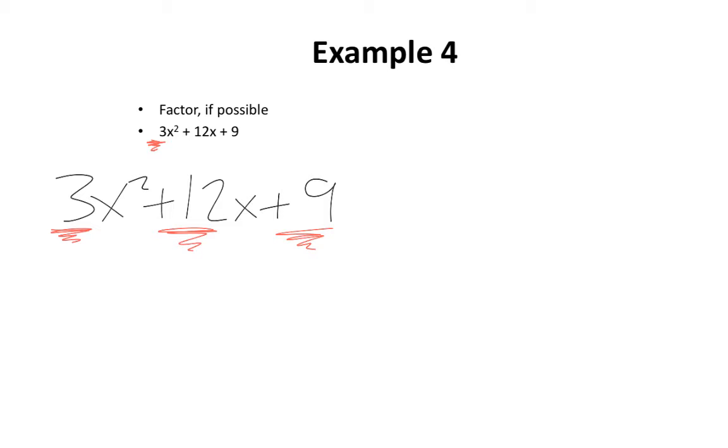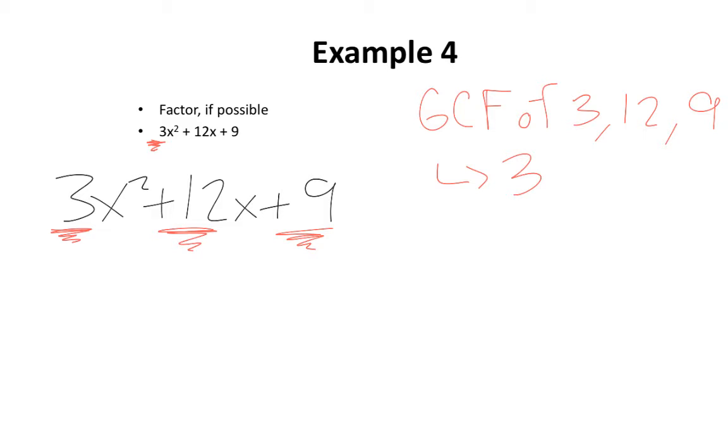Ultimately, I want the coefficient of x squared to be 1. That means I need to factor something out. So you need to ask yourself, what is the greatest common factor of 3, 12, and 9? Well, the greatest common factor of 3, 12, and 9 is 3.